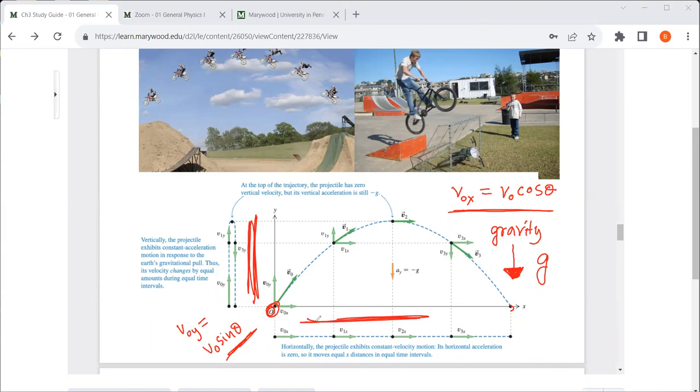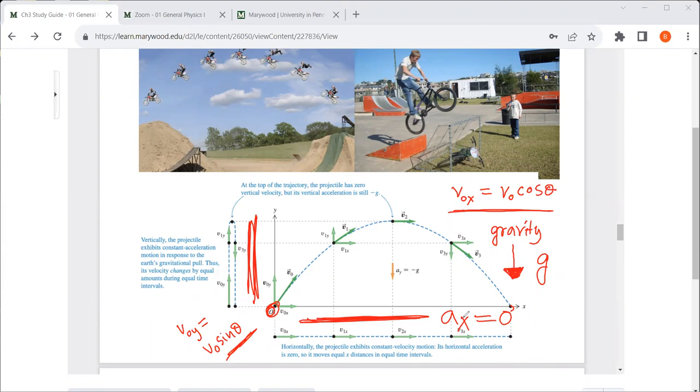Because the only thing that can affect the motion is gravity, we cannot have acceleration along the x-axis. So acceleration along the x-axis will be 0. If you understand this, then the rest is very simple.